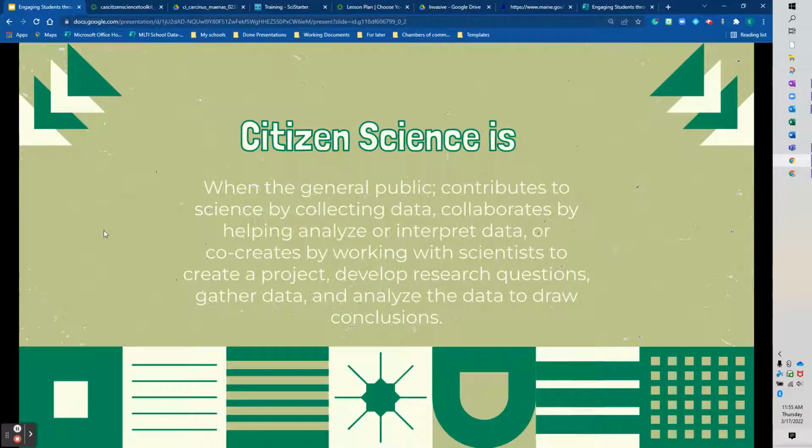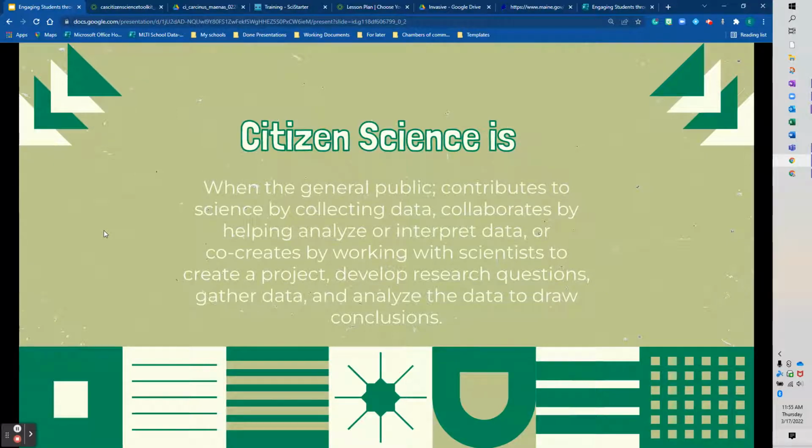An example of this is something that I've done in the past where we had invasive burning bushes on the property of the school that I was working at, and a group of students worked to develop a question about whether or not these are actually going to be detrimental to the local environment, for other species that live in the area.